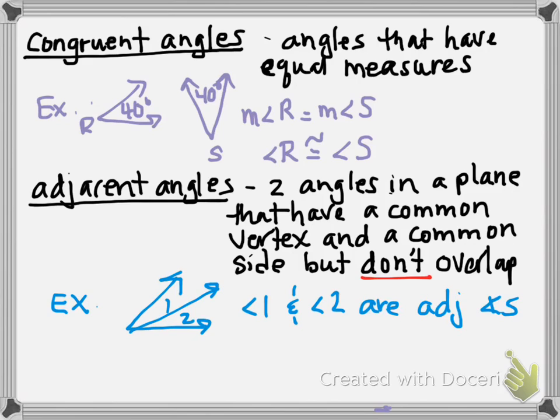All right, I've got one more. I'm going to go to the next page. And this is the bisector of an angle.